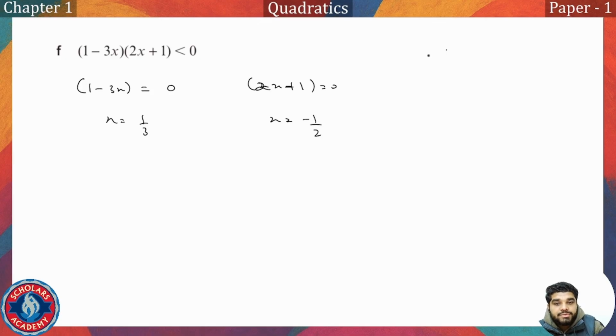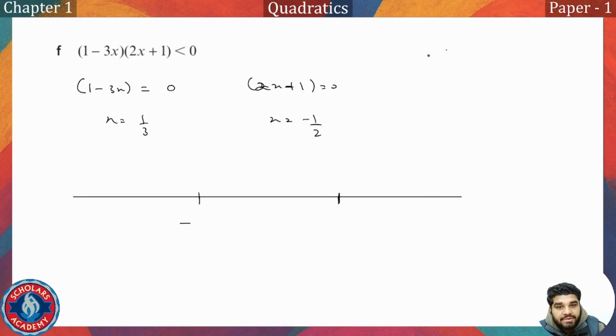So these are the two zeros of this quadratic equation, and they divide the real line into three parts: −1 by 2 and 1 by 3. So these are the three intervals.